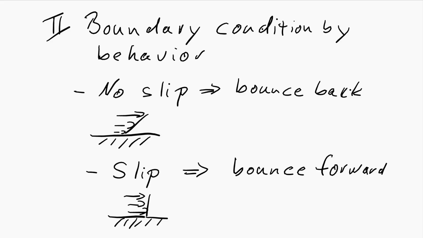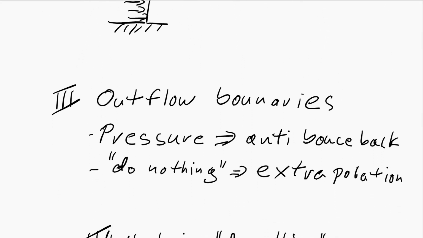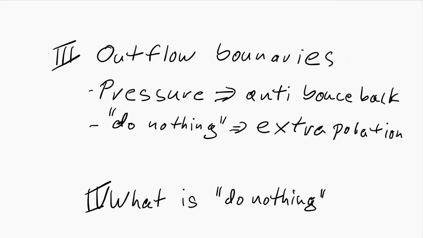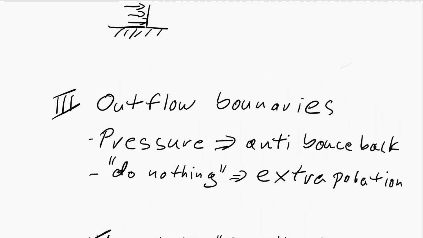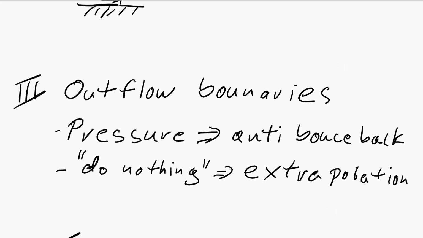For example, we have no-slip boundary conditions, that would be the bounce back, or we would have slip boundary conditions, which were not introduced in the lecture, that would be done by the bounce forward method, for example.